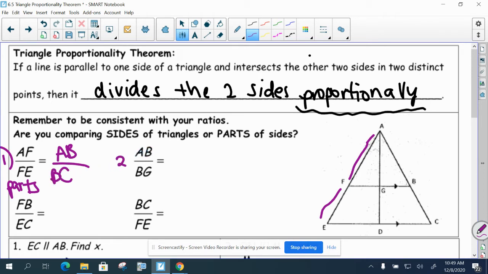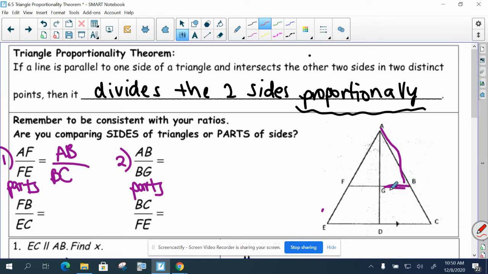Okay, number 2, AB over BG. So we are comparing AB and BG. Once again, you're comparing parts here. If we're comparing those parts, then we're going to compare it to the entire length.